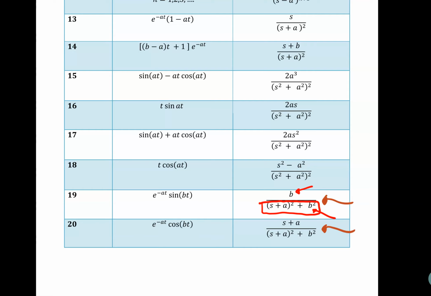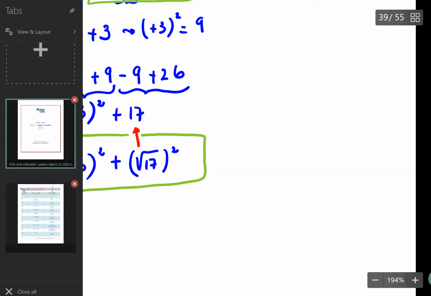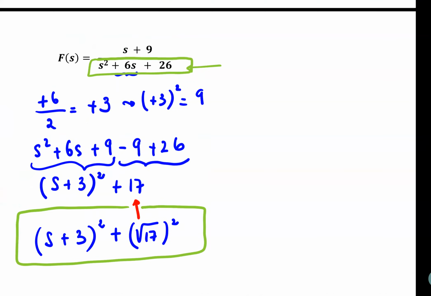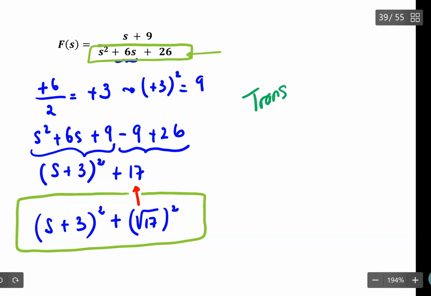And for transform number 20, what I have is s plus a, all of it squared. And in s plus a, here's the a, and a is present in the denominator as well. So let's get back to our solution, and we should write that down. We are going to use transform number 19, and we use transform number 20.